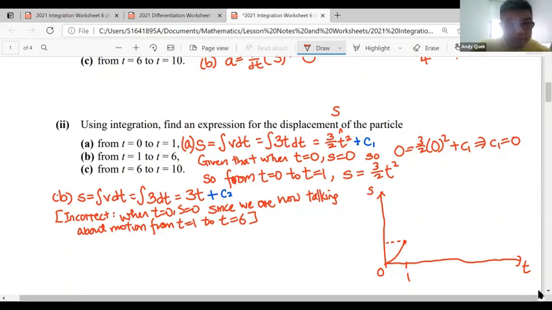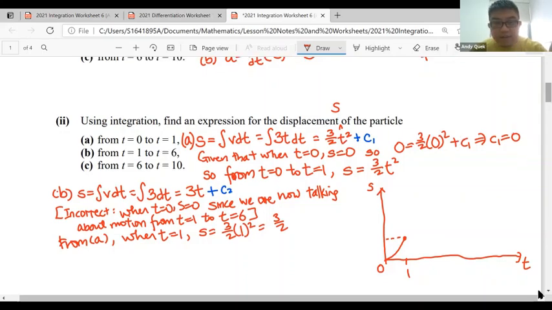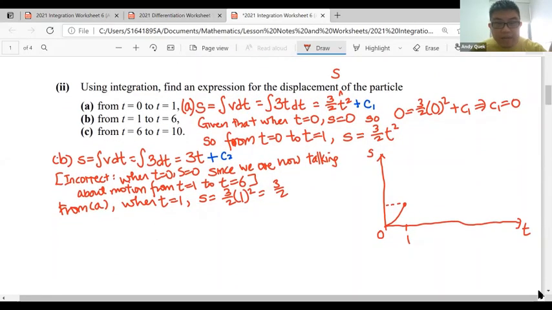So this is where I will use part A's answer. From part A, when t equals to 1, s equals to 3 over 2 times 1 square, which is 3 over 2. And this set of values applies to the next part of the motion.